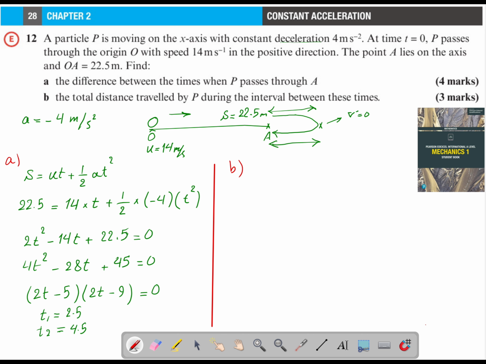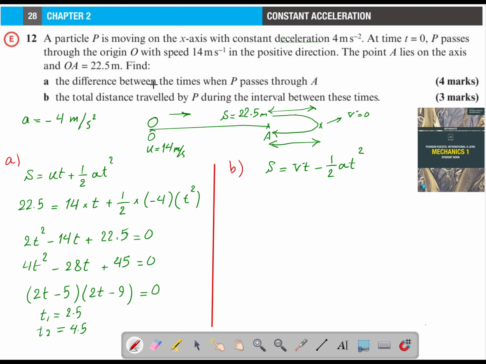Okay, so we can write S equals Vt minus 1 over 2 a t power 2. Here at this point, the time will be the average between 2.5 and 4.5.